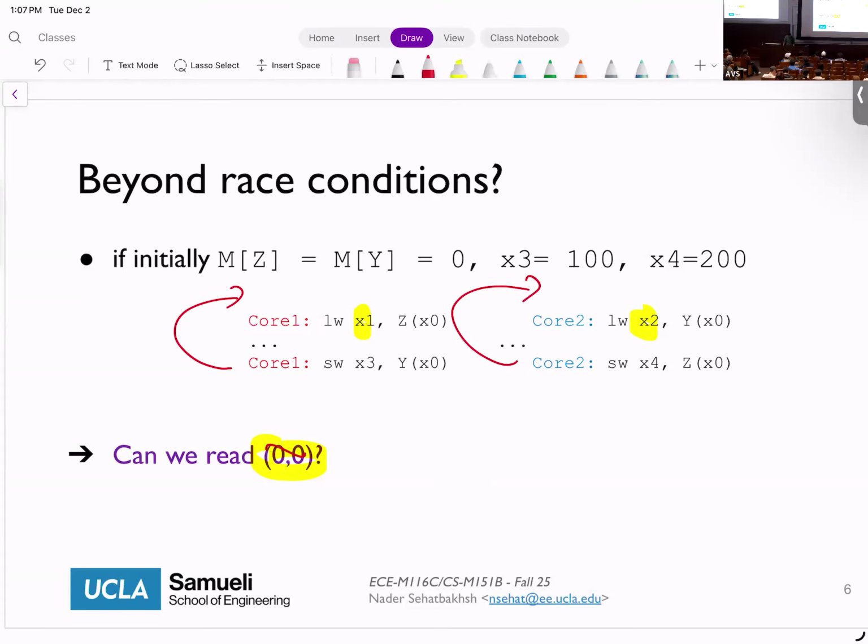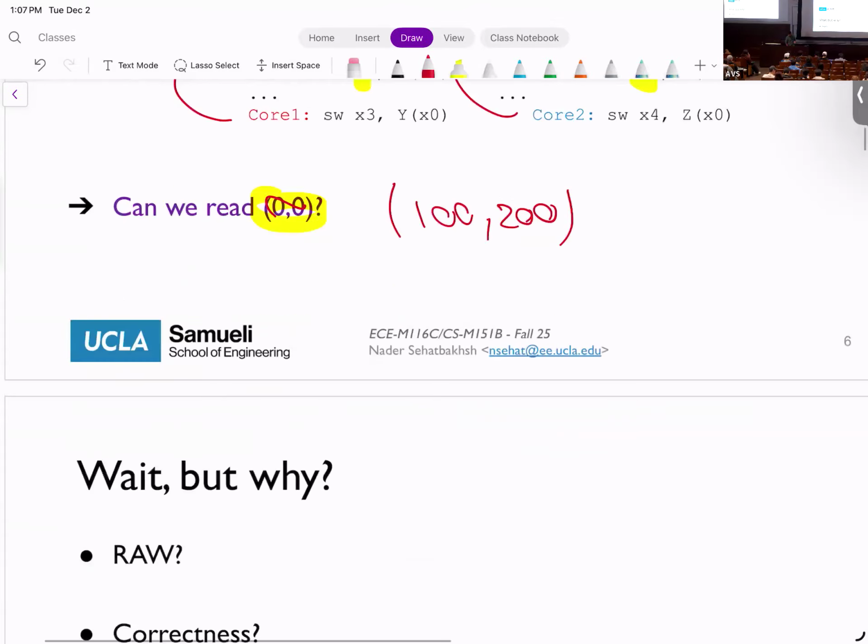So actually, it would be not 0, 0, it would be 100 and 200, right? So if both of the stores happen before the loads, then you might get updated values that you're not anticipating. So this is not just a synchronization problem, but it's also a reordering problem.